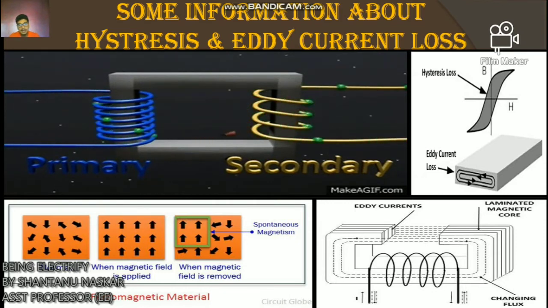The circulating current causes losses in the form of heat, which increases the temperature of the coil. The eddy current losses are independent of load and hence are known as constant losses. So these are the eddy current loss and hysteresis loss.